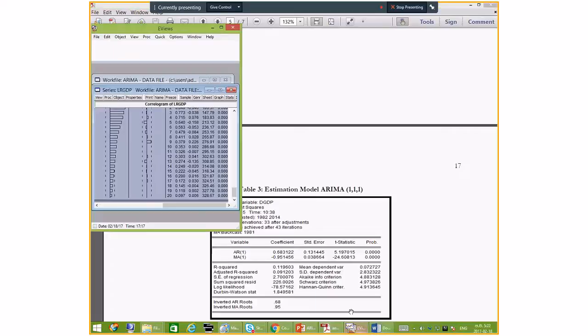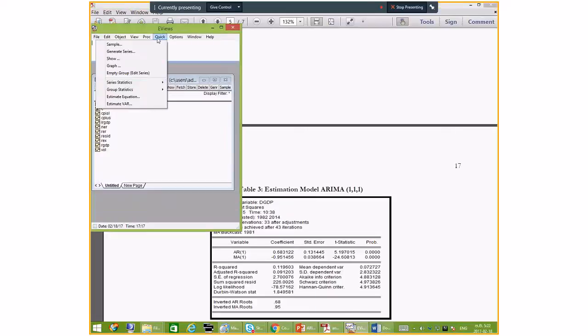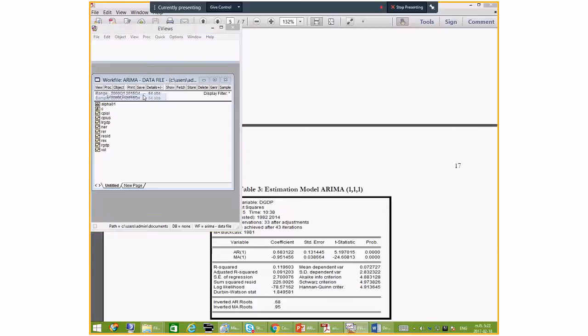Go to the work file. Here, quick, estimate equation.